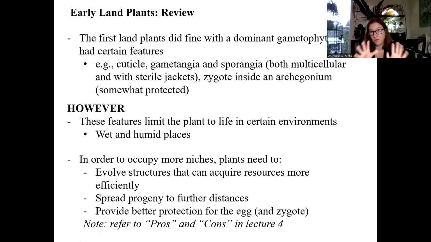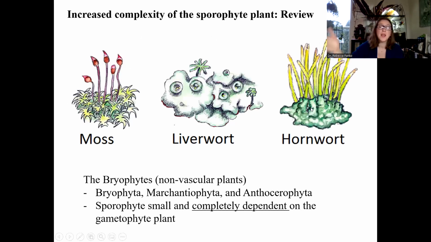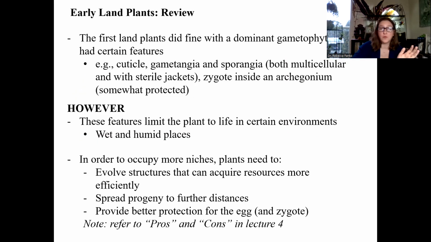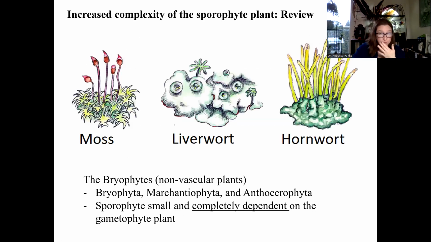So when you're reviewing this later, this is a good time to go back to the pros and cons of being a non-vascular plant versus being a vascular plant that I presented in lecture 4. All right, so what did we say? We need structures that can acquire resources more efficiently, meaning we need vasculature, roots, stems, and leaves. We need to spread progeny to further distances, and we need better protection for the egg.